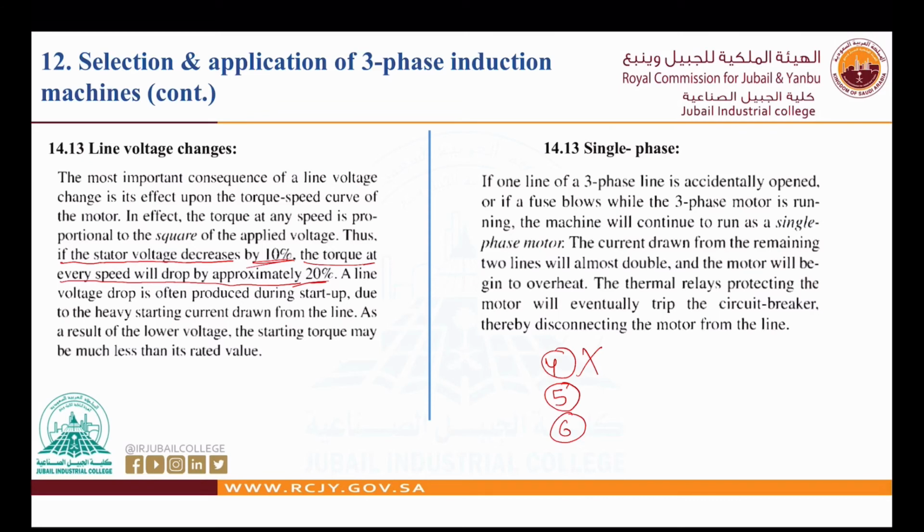This is a big problem for the motor, and it may draw more current in the other windings, which will burn the remaining two windings. So the current drawn from the remaining two lines will almost double, and the motor will begin to overheat. The thermal relays protecting the motor will eventually trip the circuit breaker. So in order to protect the motor, we have protecting relays.